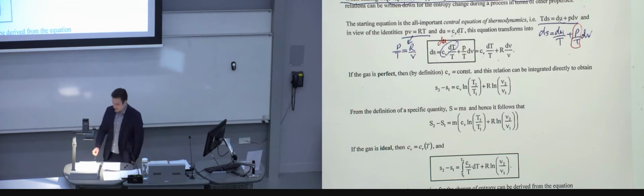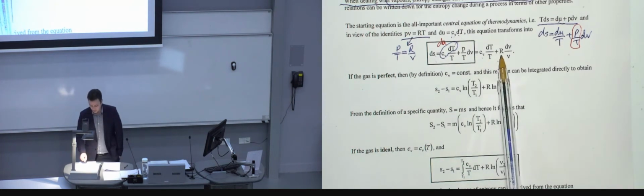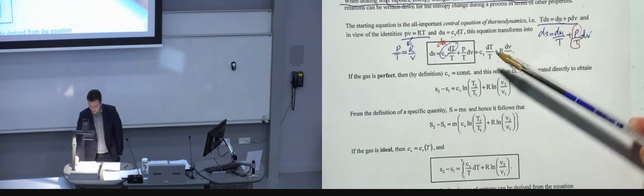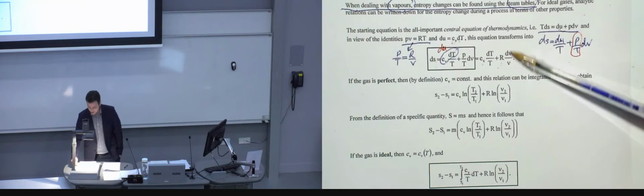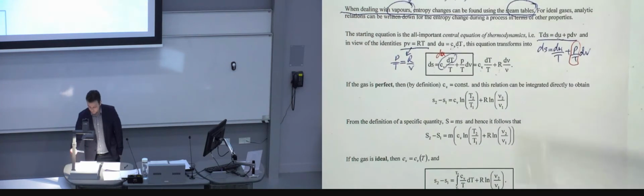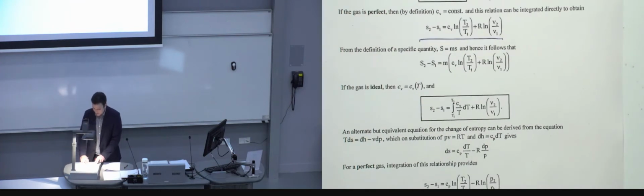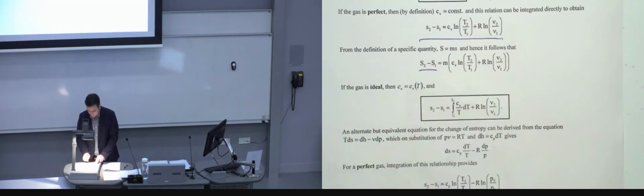And in that case, because Cv will be constant, R is going to be a constant, and you can simply integrate that equation and get S2 minus S1 equals Cv ln T2 over T1 plus R ln V2 over V1. And you get that equation. And of course, if you now multiply both sides by the mass m, you will get the value of the total entropy difference.